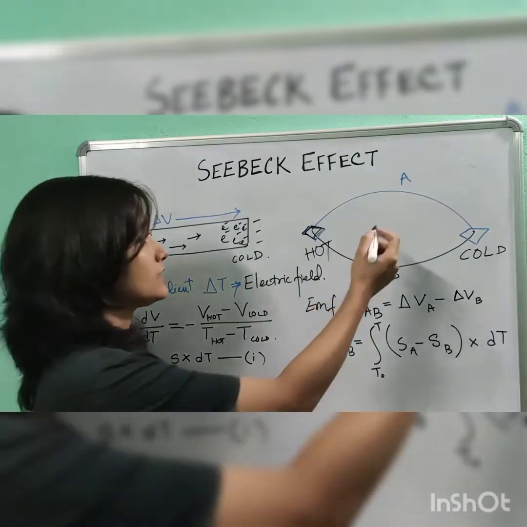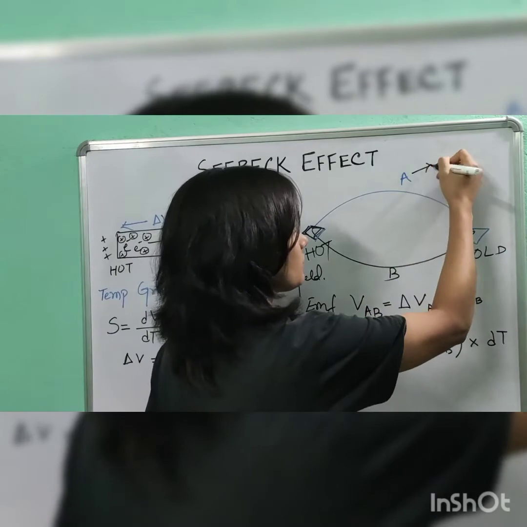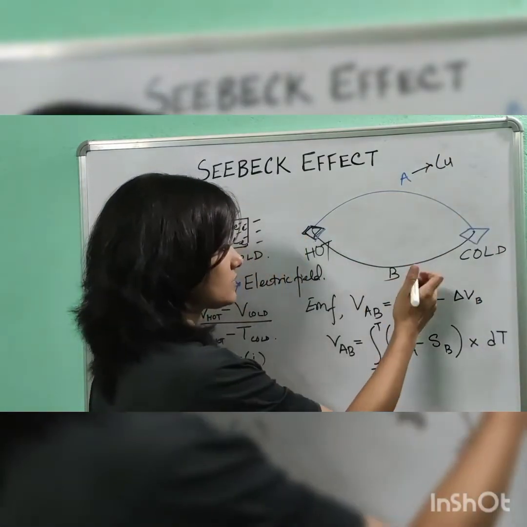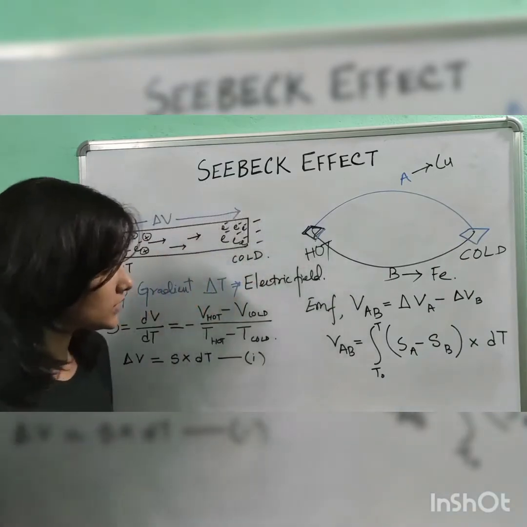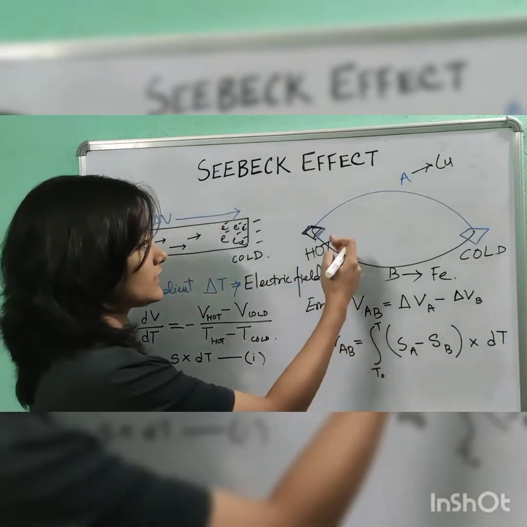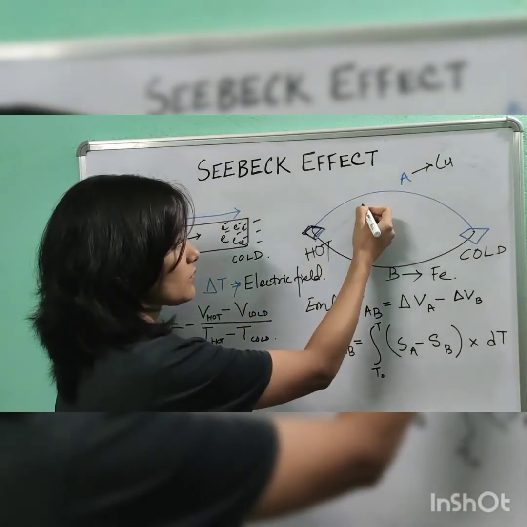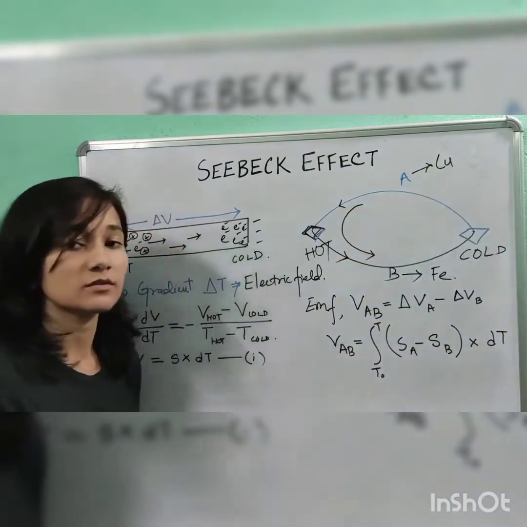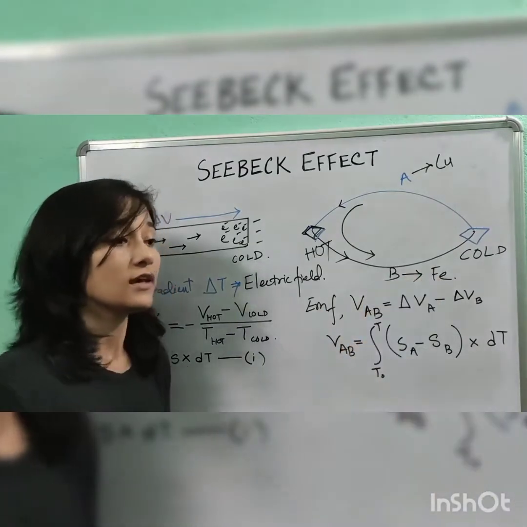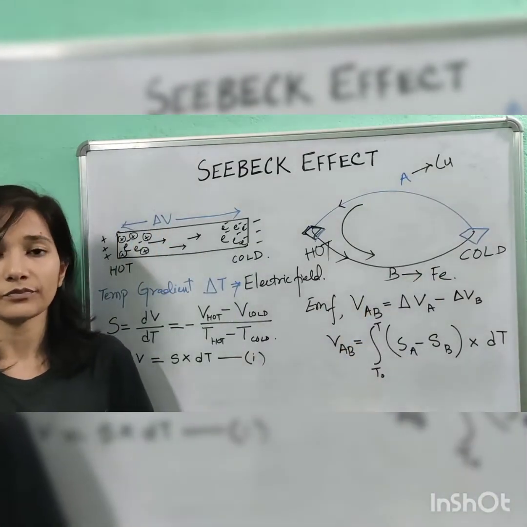Say for example, wire A is made up of copper and B is iron. At the hot junction, the direction of the current will be from copper to iron, because copper comes before iron in the thermoelectric series.